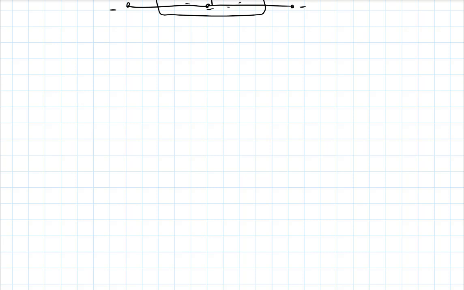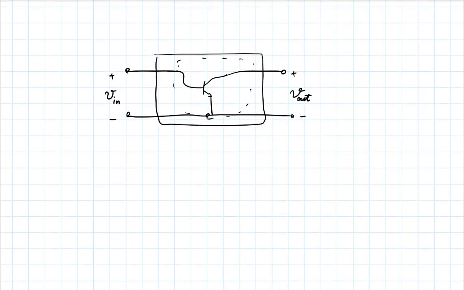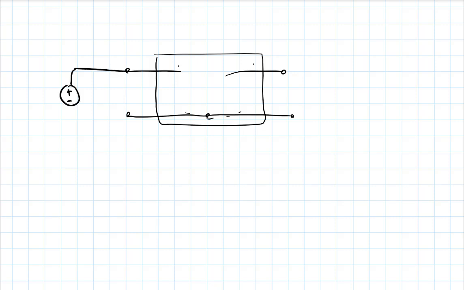So in general, for now, I will get rid of the specifics here. In a general manner, we are talking about something like this. You are applying a signal here, so let's call this vIN. And I'm going to use a notation that's case sensitive.